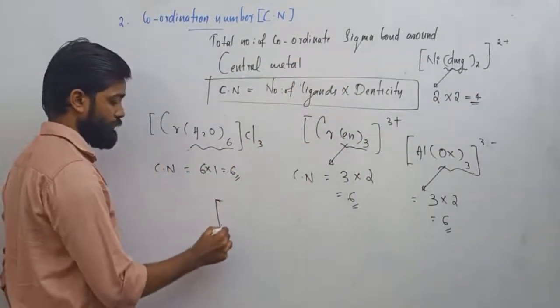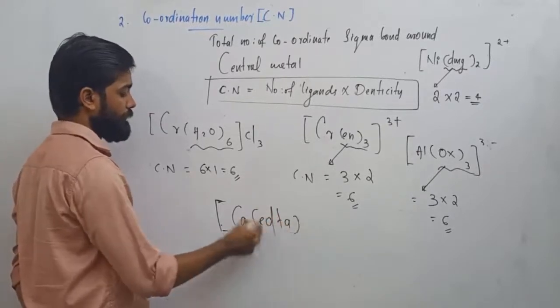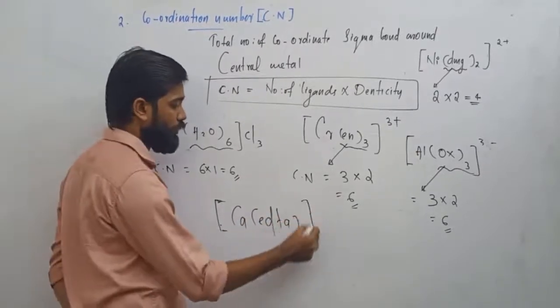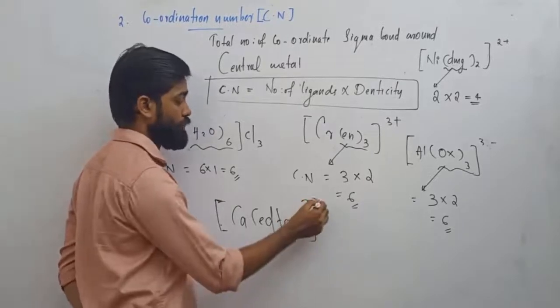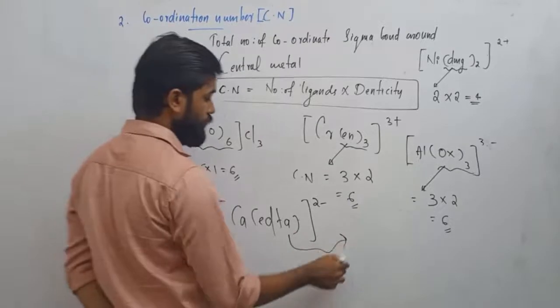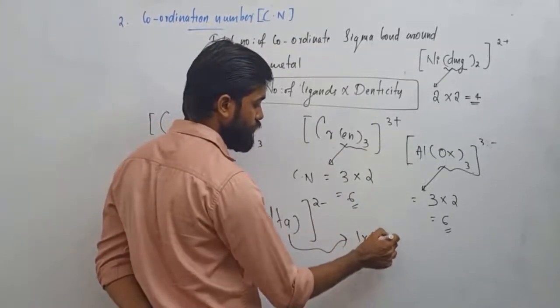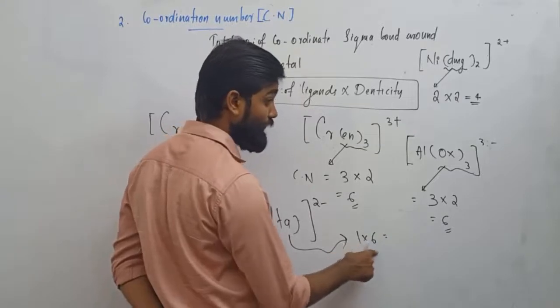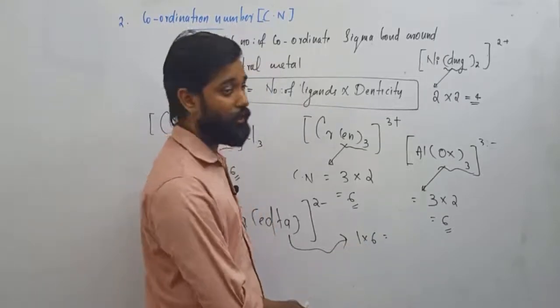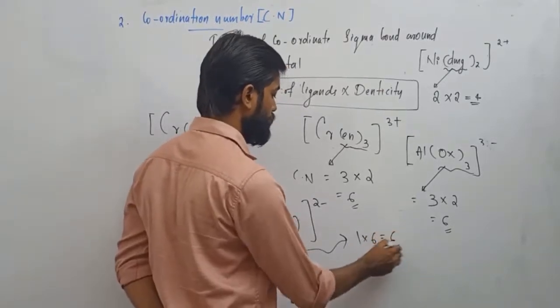The next is calcium EDTA, [Ca(EDTA)]2-. EDTA is a hexadentate ligand, there is only one ligand. So the number of ligands is only 1, but the denticity is 6. That is ethylenediaminetetraacetate. Fine. So the answer is 6.